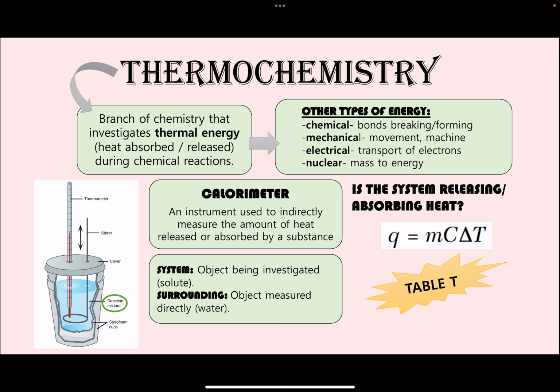Quick reminder: if Q is a positive number, then it's an endothermic reaction, and if Q is negative, then it's an exothermic reaction. Endothermic means heat is absorbed, exothermic means heat is released.